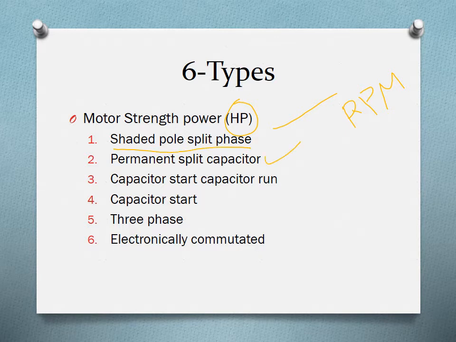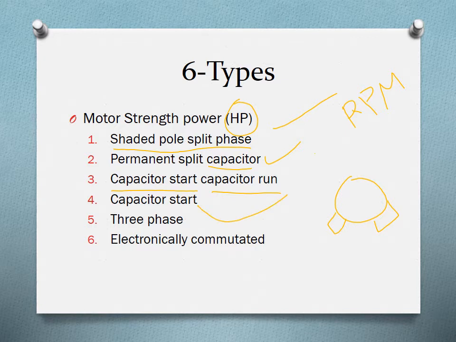Permanent split capacitor, so it has a capacitor in it. We have one that has capacitor start and capacitor run, so it has 2 capacitors in it. You'll see a motor with one capacitor for running and one capacitor for start. If you have 2 capacitors, chances are it's a capacitor run and capacitor start.